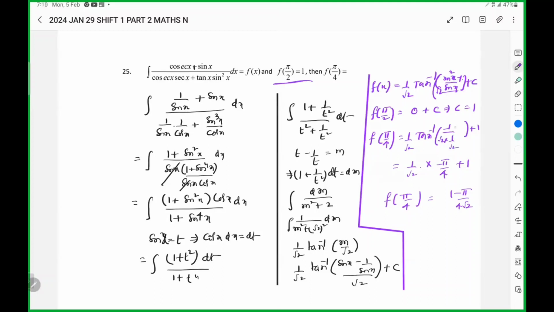Again here sin square 45 minus half. So we get here 1 by root 2 tan inverse minus half, plus 1.